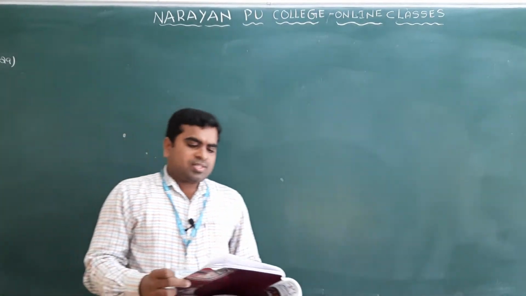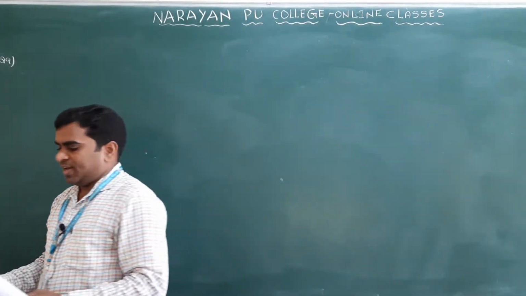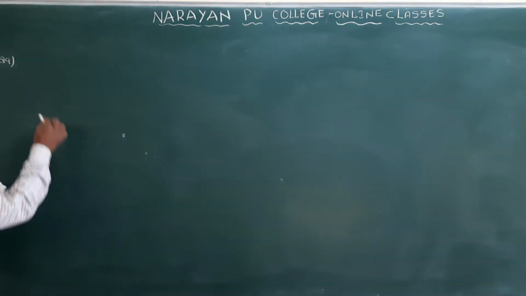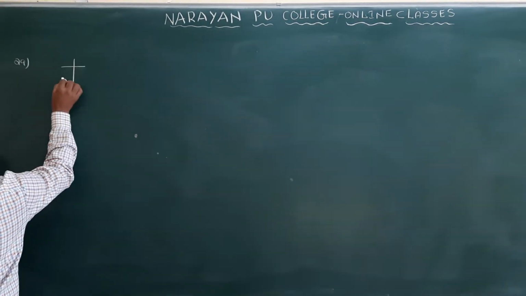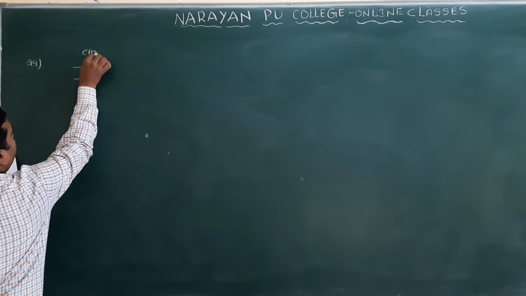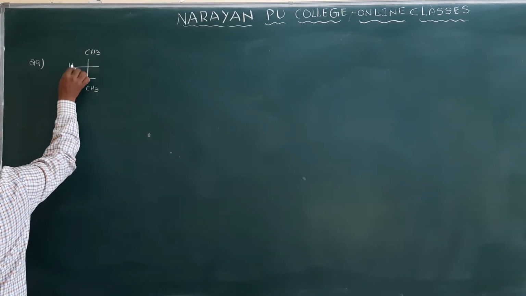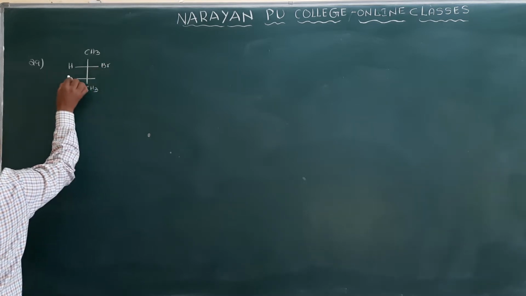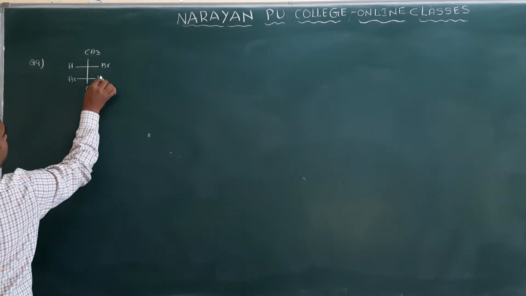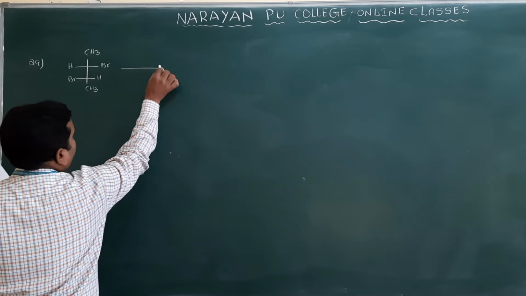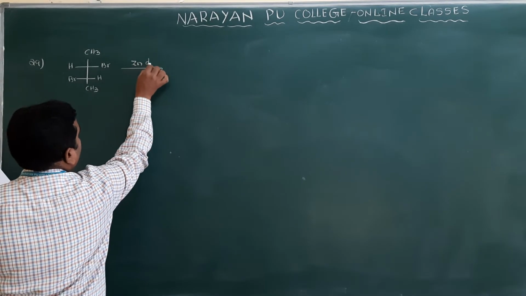Next one. See question number 29. Clear? What is the question here? They have given CH3 and CH3, and HBr and BrH, treated with zinc dust.